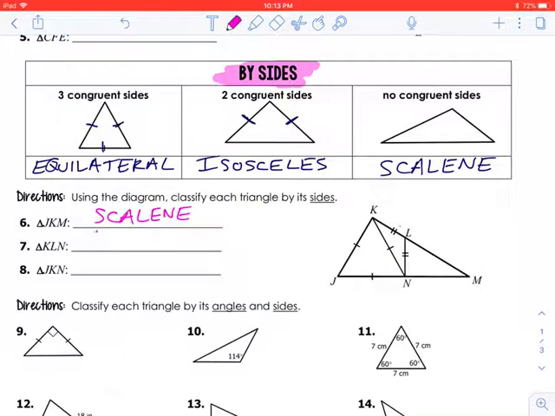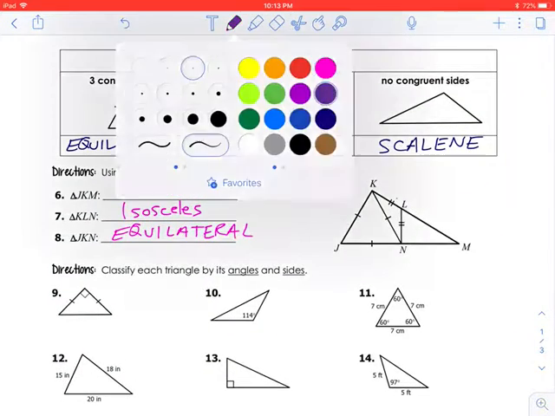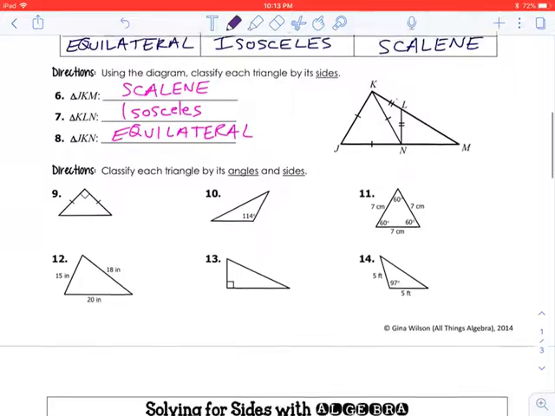So that's called isosceles. And then the last one, JKN, is this triangle here. It says all the sides are the same, so that is called equilateral. All right, so we want to be able to classify based on both angles and sides.